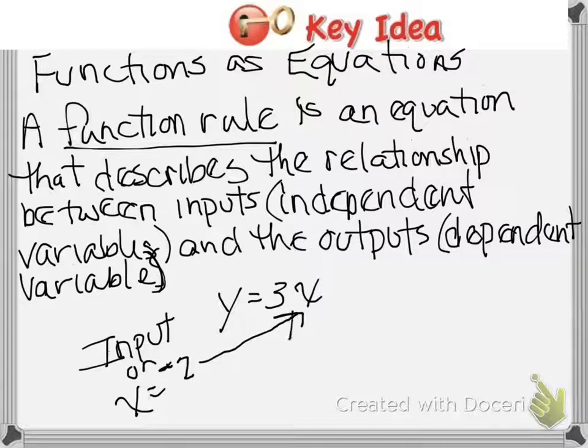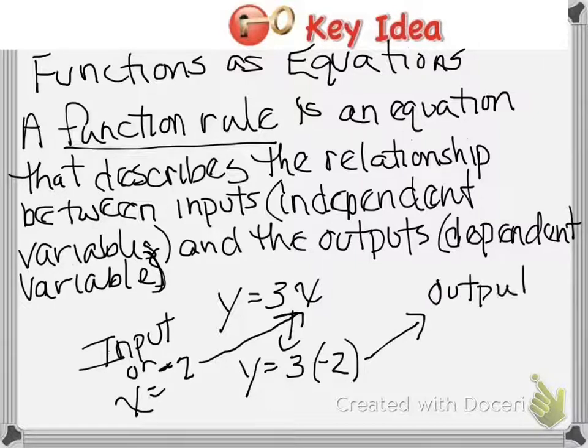Y equals 3 times -2. And guess what we get? We get an output, or a y that equals -6. And so that's what a function rule is. It describes the relationships between inputs, which are its independent variable x, and our output, the dependent variable y.